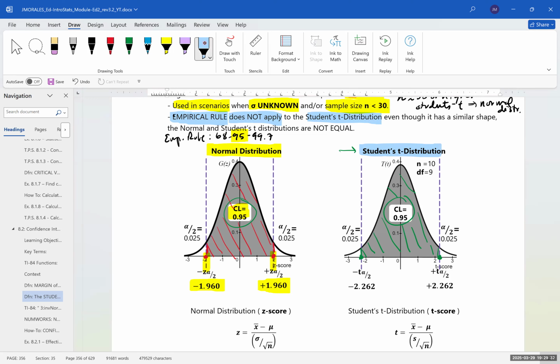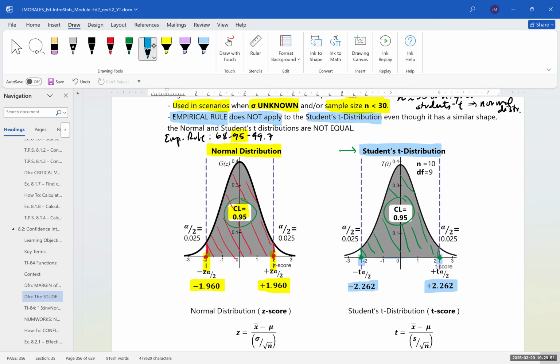So you can see here, in order to have an enclosed area between the critical values of 0.95, we need to have a t-score of 2.26 and negative 2.26 for this critical value and for this critical value.